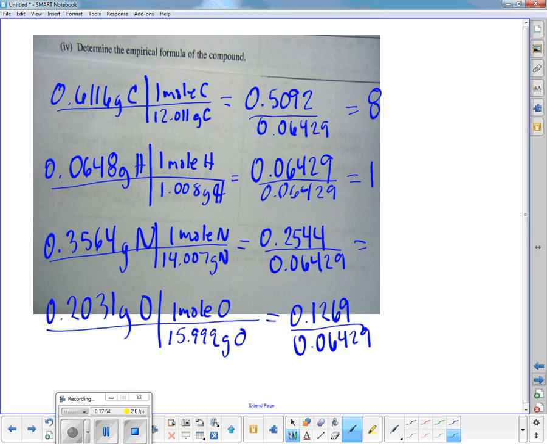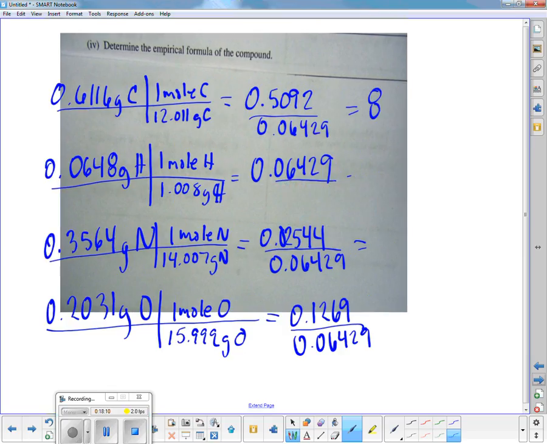For the moles of nitrogen. Okay, double checking that. Yeah. Ah, so that's actually our smallest one. Okay, let's go back and fix that. Thank you for catching that.